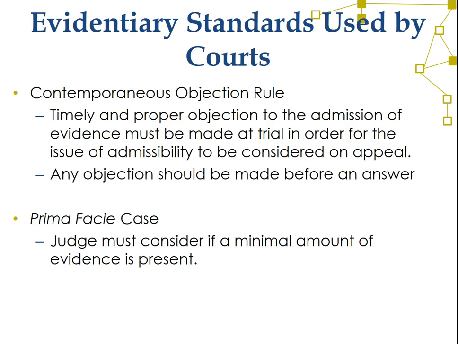Ironically, this review may rely on facts that may not be admissible at trial because of the hearsay rule, the exclusionary rule, or other reasons. These initial reviews require the prosecution to show that a minimal amount of evidence is present. And that is called a prima facie case.